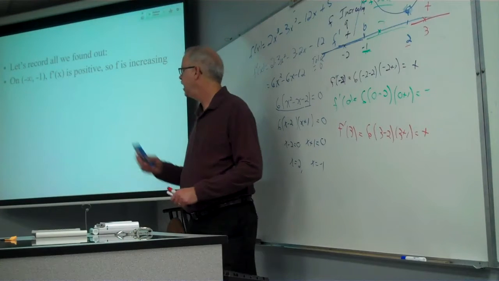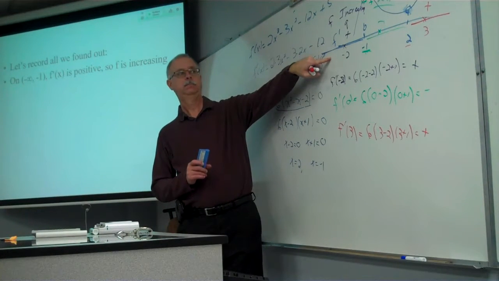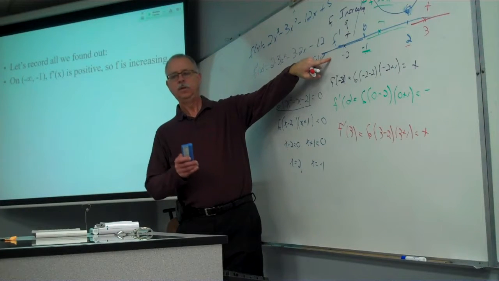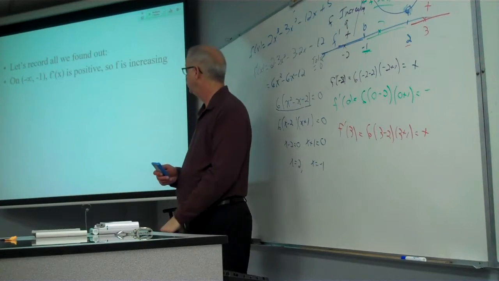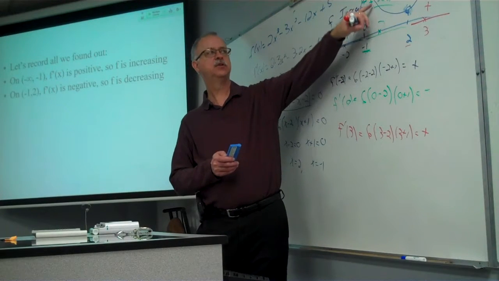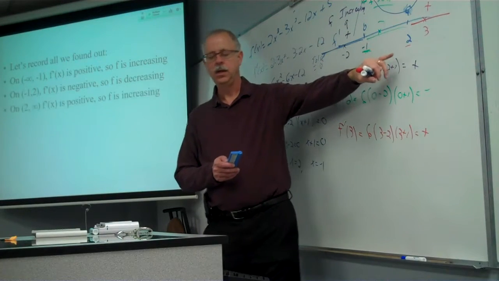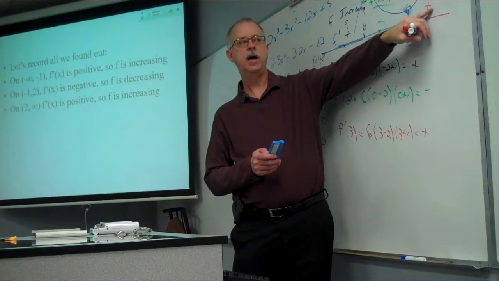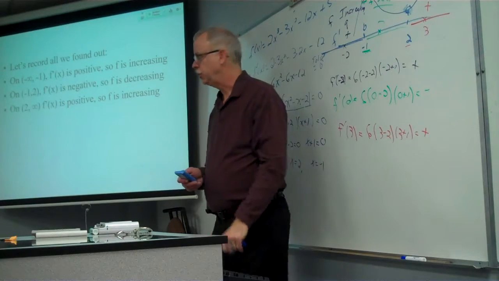So, I've been recording this on the number line. The derivative is positive, and so the function is increasing on the first part, and then the derivative switches to negative, so the function is decreasing on the second interval, and on the third interval, the derivative's back to positive, so the function's back to increasing.